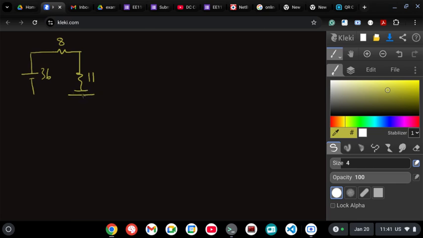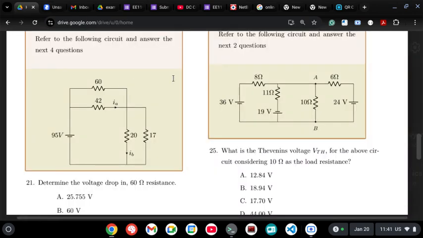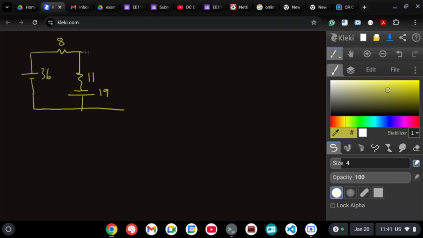Whenever you're marking the voltage sources, you need to be careful with the direction. So this is my point A and this is a point B. I removed the 10 ohms resistance in between 6 and 24.